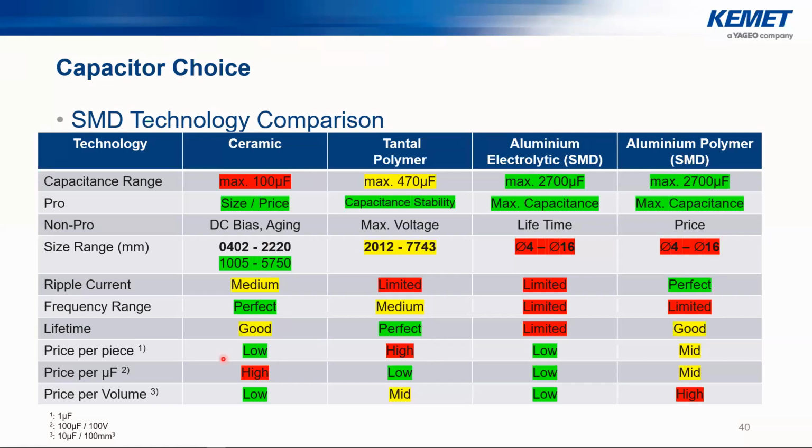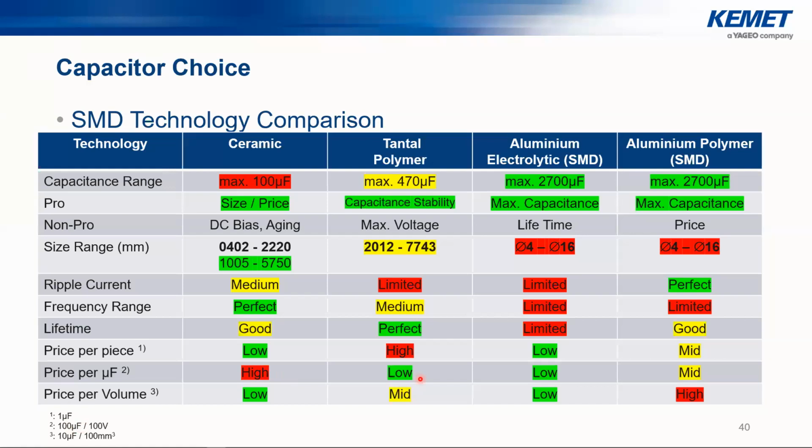But I took an example, and the price per microfarad, in this example, I tried to reach 100 microfarad at 100 volt. The ceramic solution is no longer the cheapest, it's the most expensive solution. For sure, to reach 100 microfarad at 100 volt, you need several items in parallel, or some fancy size like 2020, or I don't know what solution you may use. So in this case, the polymer tantalum solution is the cheapest solution.